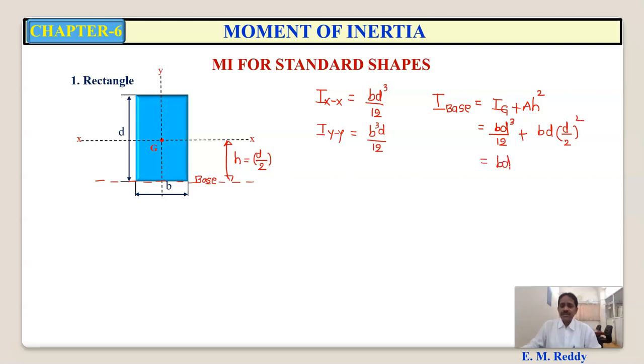So this gives you B D cube by 12 plus B D cube by 4, that is equal to B D cube by 3. So it is the moment of inertia about the base of the rectangular section. Similarly, you can find the moment of inertia about the side of this. Using the same parallel axis theorem, the distance between this side and the y-axis is now B by 2. So you will find that it is B cube D by 3. Understood?